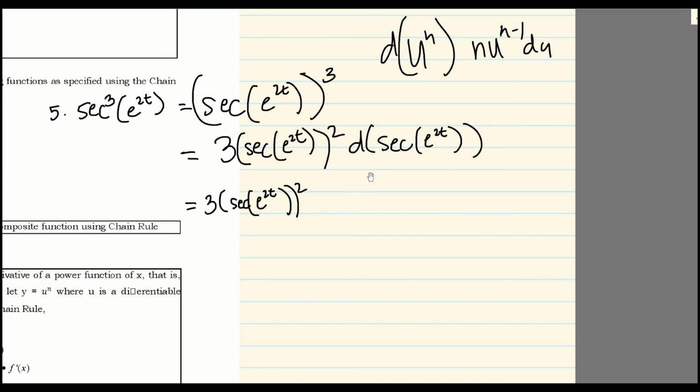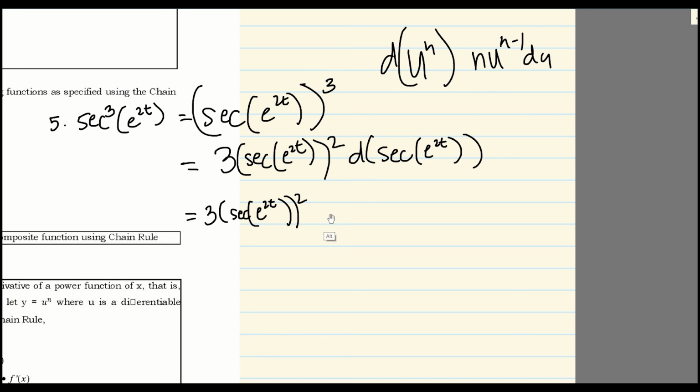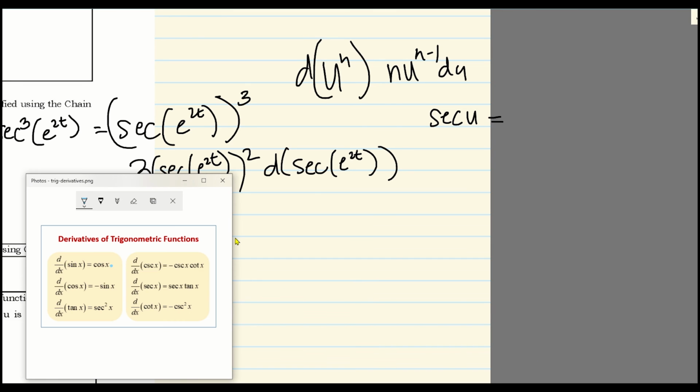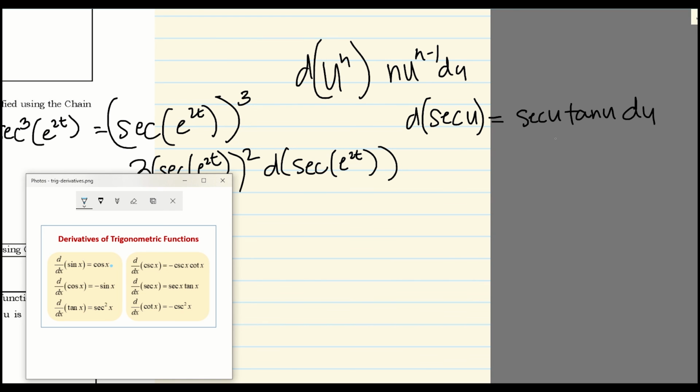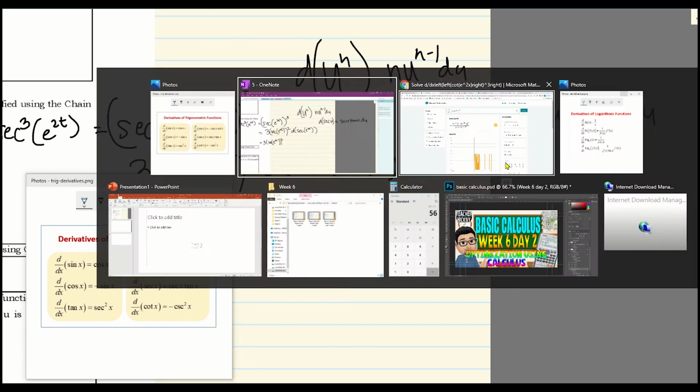Okay, so here we have our u is this one. The derivative of this is just like e to the u. Sorry, not e to the u, but sec u, which if we derive that, equals sec u tan u du. So never forget that du over there.